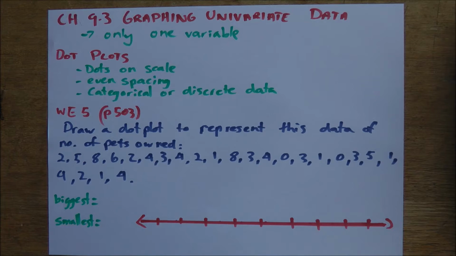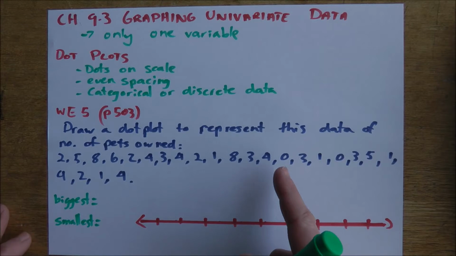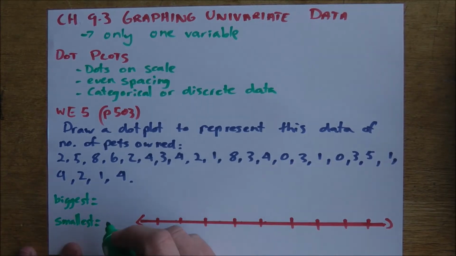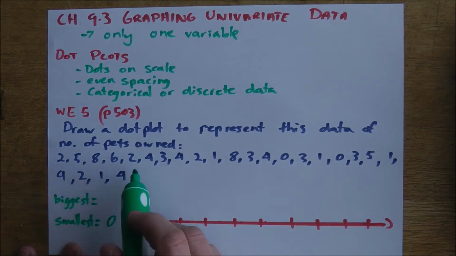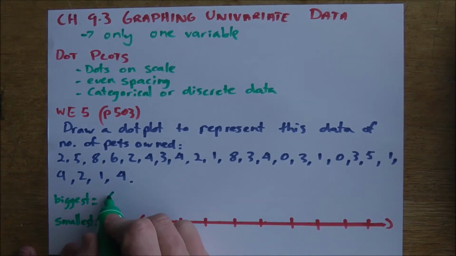Alright, so what we need to know here is, what's my biggest value and my smallest value? Typically we want to know that whenever we're drawing some sort of graph. My smallest value is obviously going to be 0 because I can't get less than 0 pets. My biggest value, well, we've got an 8 in there, nothing else is above 8.